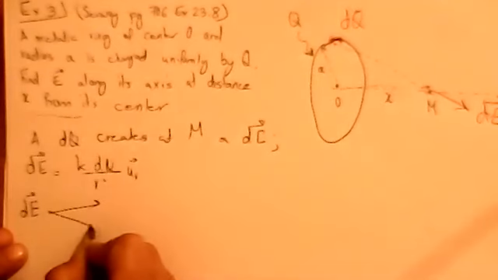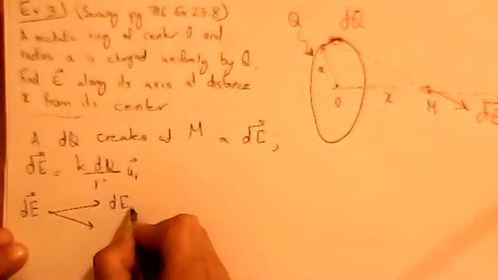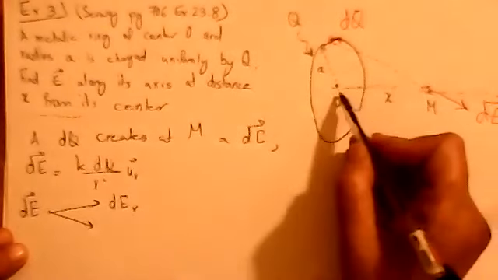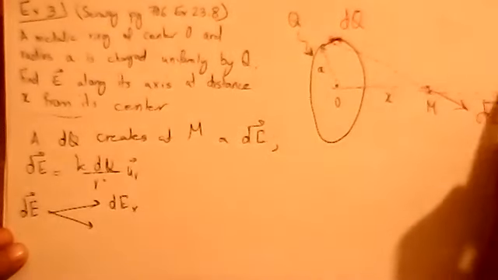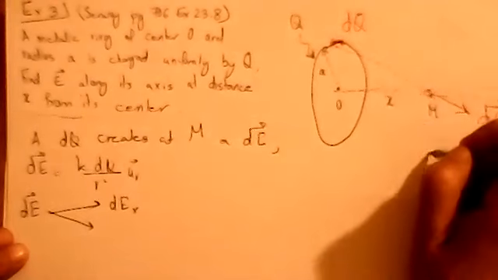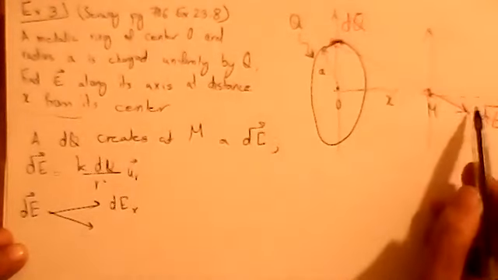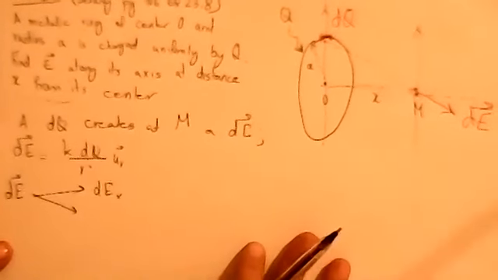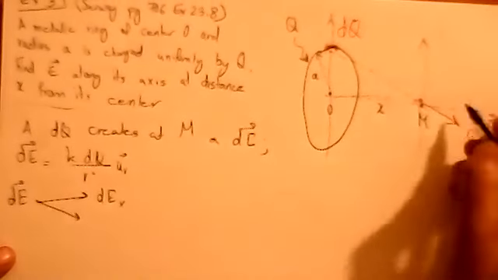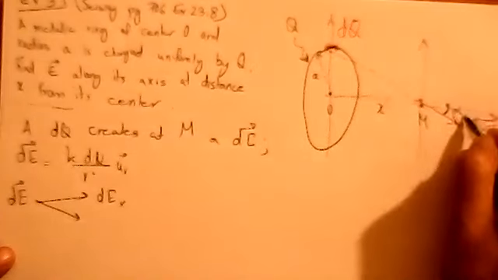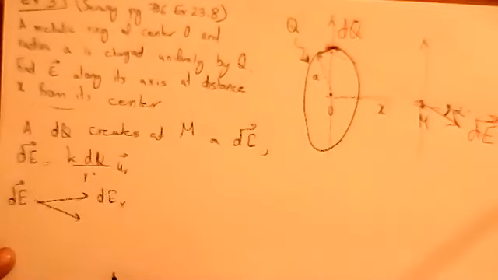So I have this dE vector. It is decomposed into dEx and dEy, considering this is my x axis and this is the y axis. It makes an angle alpha with the x axis.